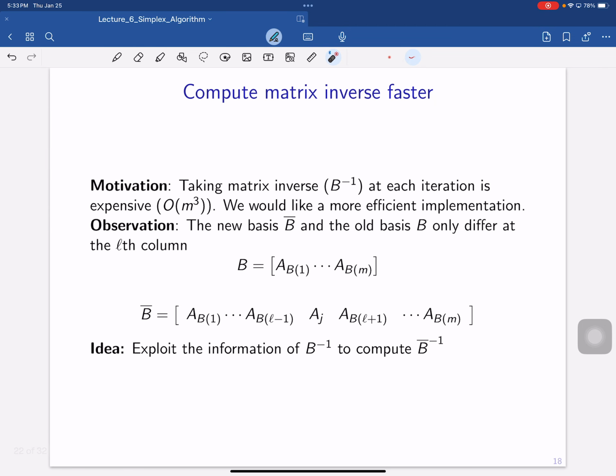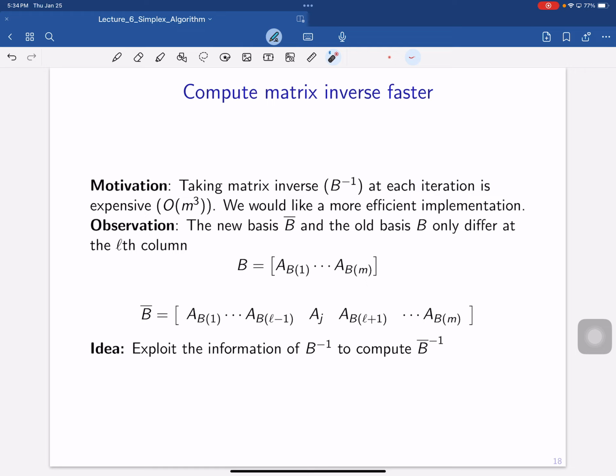The next part we will cover very quickly, although it is quite complicated: how do we compute the matrix inverse faster? Remember that at each step of the simplex algorithm, you need to compute the matrix inverse for the basis matrix.